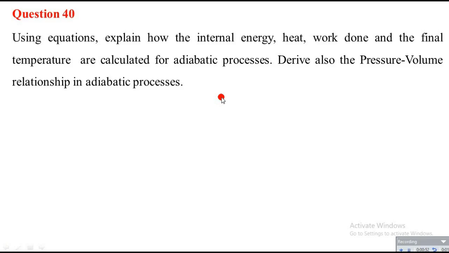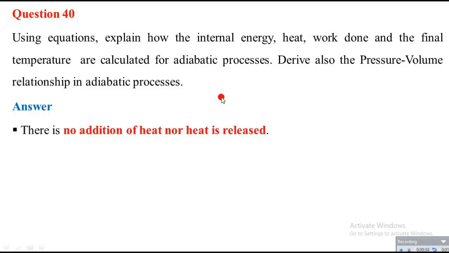Let's see the answer. So now, what is an adiabatic process? Remember, we have seen that an adiabatic process is a process in which there is no addition of heat, nor is heat released.